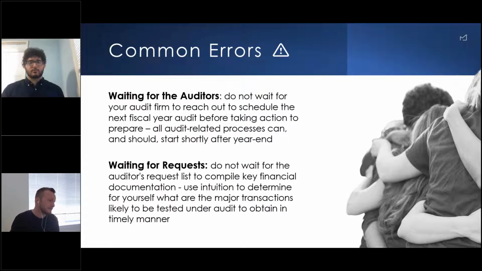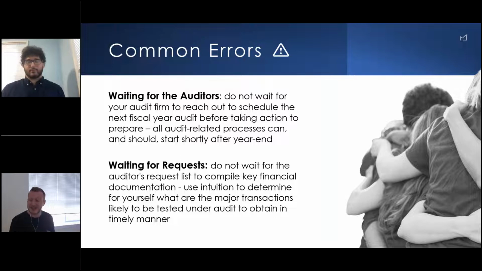And additionally, waiting for requests. The audit firm will likely send you a request list of all the information that they need, including specific transactions that they're going to test. By test, that basically means the auditors are making sure that you've recorded these transactions accurately in the correct period, et cetera. But we know, running these nonprofit organizations, what is significant to us.